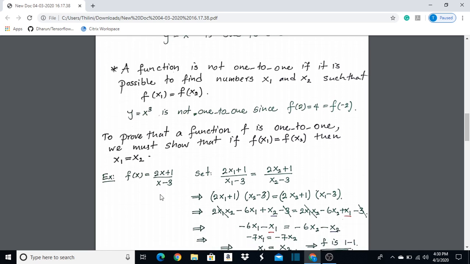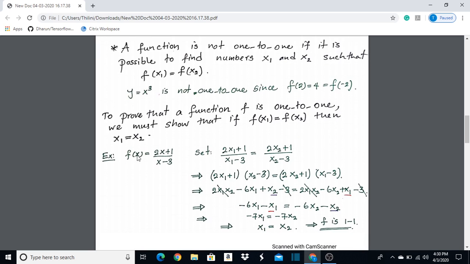So let's go for this example. Here I'm giving you the function, and I want to check whether this is one-to-one or not. Then what I do, I'm plugging x1 into this function, then it becomes 2x1 plus 1 over x1 minus 3, and I set that equal to 2x2 plus 1 over x2 minus 3.